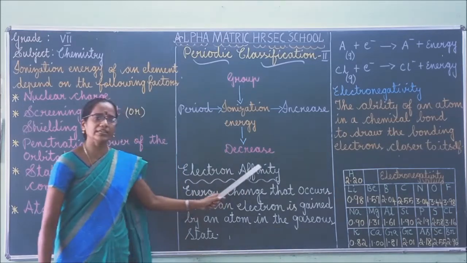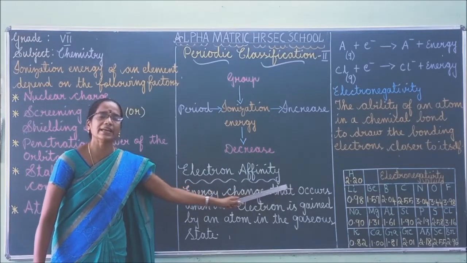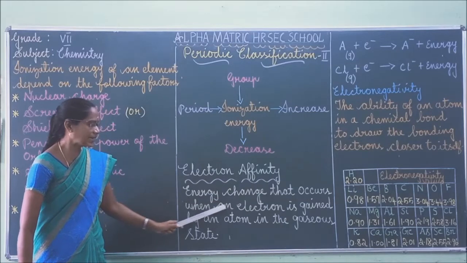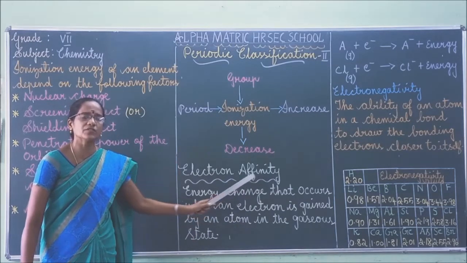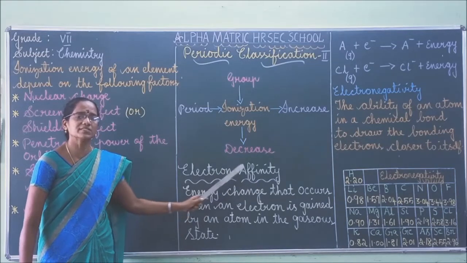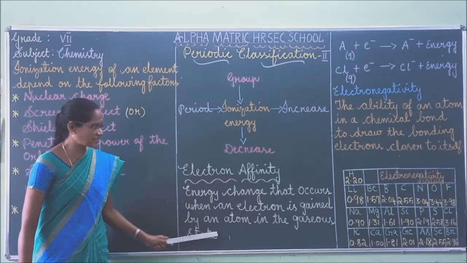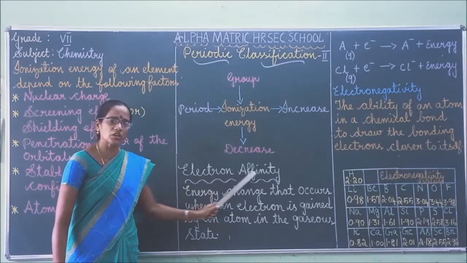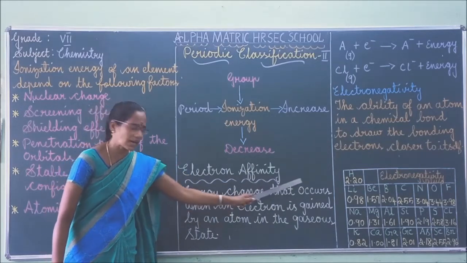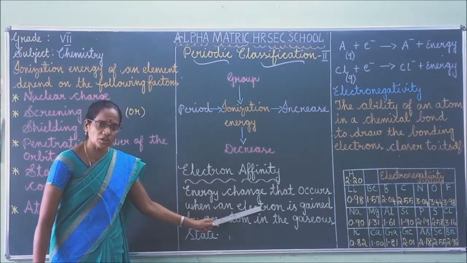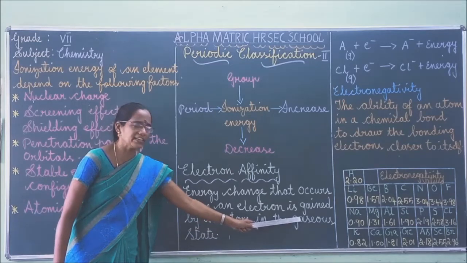Electron affinity is defined as the energy change that occurs when an electron is gained by an atom in the gaseous state.